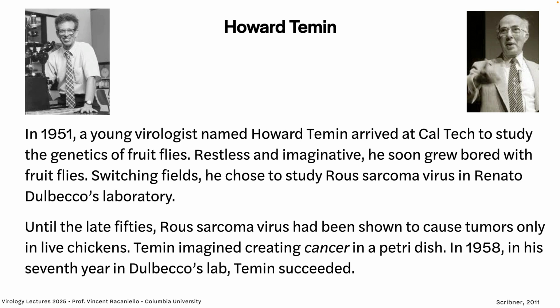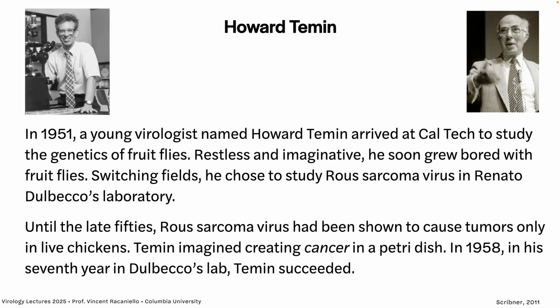We've encountered Howard Temin before. He co-discovered reverse transcriptase. In 1950, he went to Caltech to work with Renato Dulbecco, who developed a plaque assay for eukaryotic viruses. He was going to study fruit flies, but he got bored with it, and he decided to study Rous sarcoma virus. Why? In Dulbecco's lab, he realized that you needed to study virus infections in cells in culture, not animals. That wasn't going to tell you a lot.